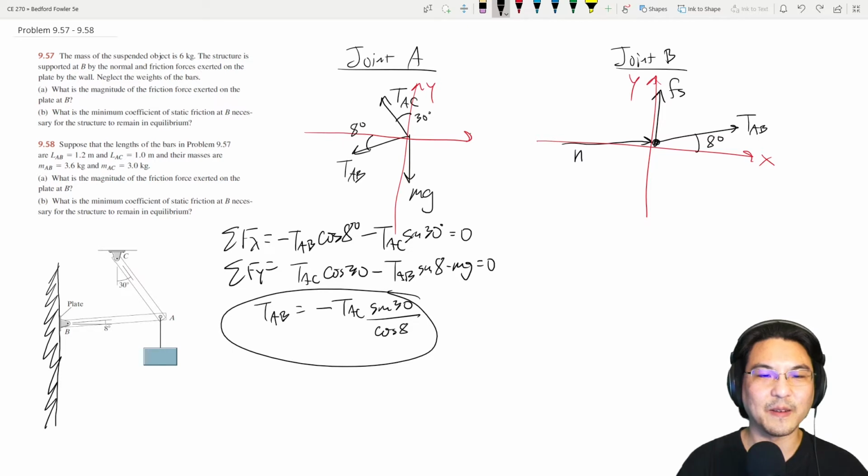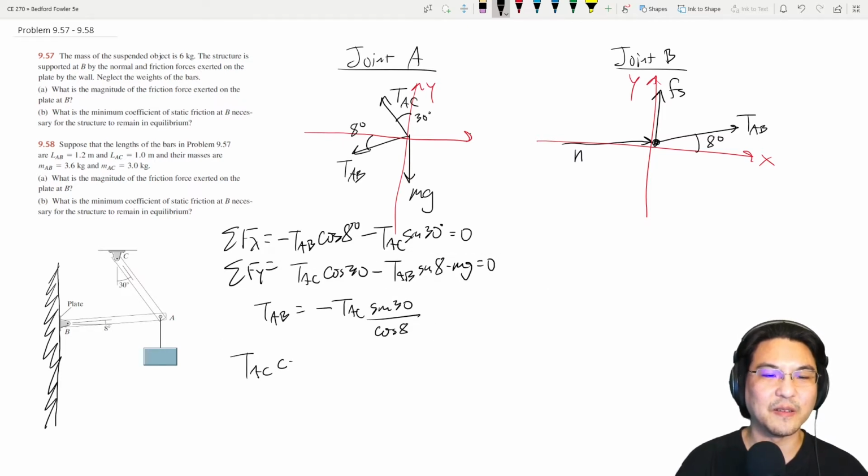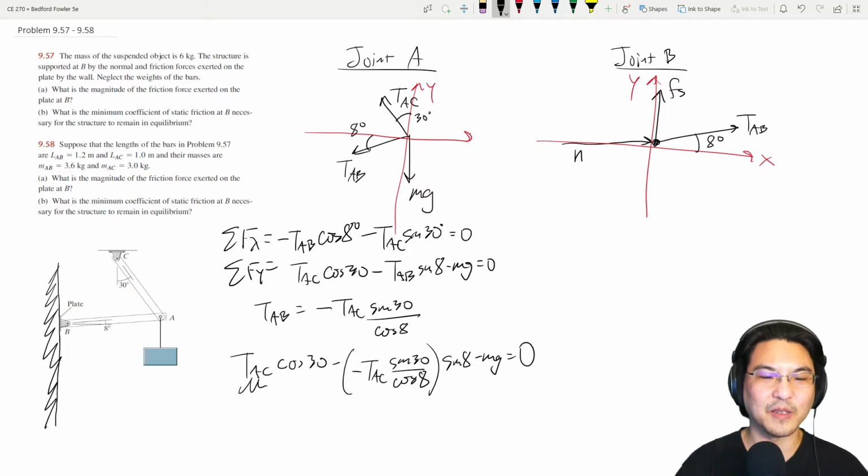If I did that, this equation would turn into TAC cosine 30 minus TAC sine 30 over cosine 8 times sine 8 minus mg equals 0. Look, there's only this one unknown in this equation, so just factor that out.